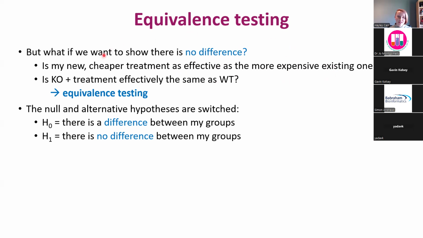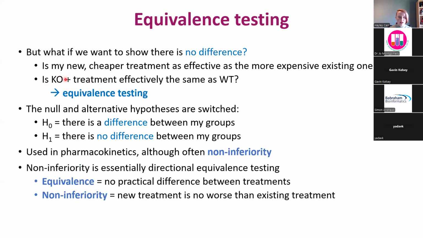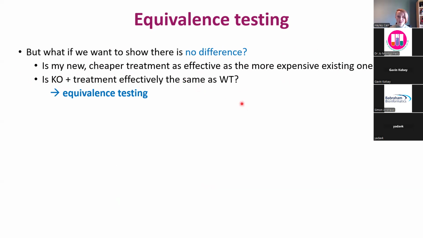That's where it's come from originally and where most of the equivalence testing you see is done. But we could also use it, for example, if we're looking at whether a treatment can make our knockout equivalent to the wild type. These are just a couple of examples, but obviously there are a load of other examples where we might want to do equivalence testing.